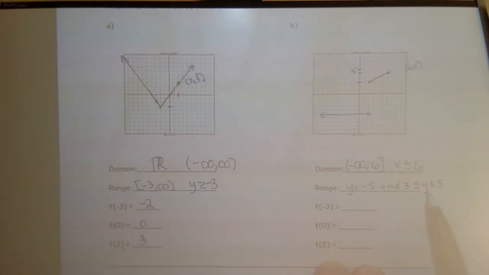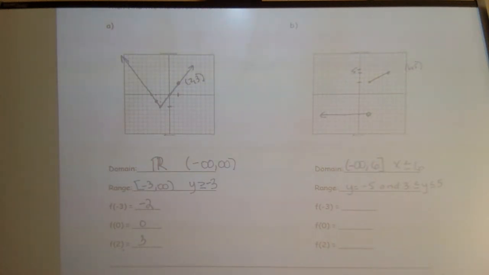I wrote it backwards. Y is less than 5, but y has to be bigger than 3. There's an open circle right here. So that means -5 isn't included there, but -5 is included everywhere else here. So -5 is part of my range because it's included in these other ones.